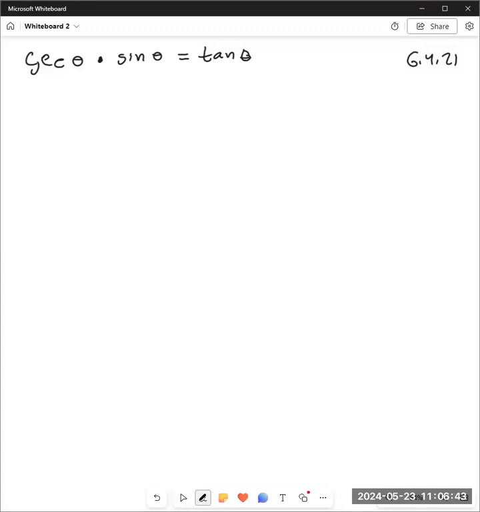So the first thing that I see that I want to do is probably change the secant into a 1 over cosine. And while I'm at it, I'll just throw a denominator of 1 down here under the sine so that I see multiplication of fractions. 1 times sine is sine. Cosine times 1 is cosine. Keep this right-hand side alone. Don't touch it.